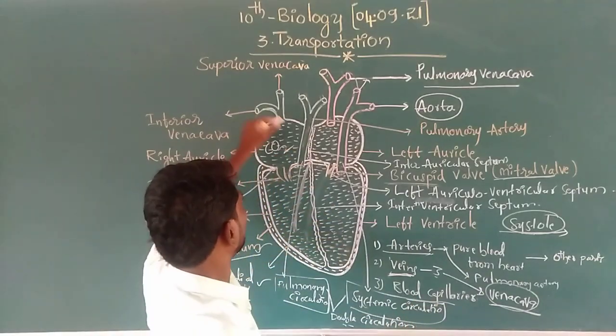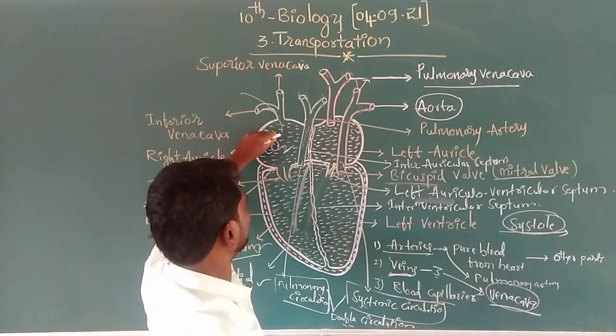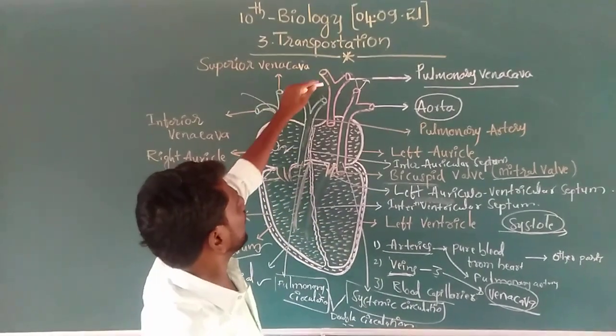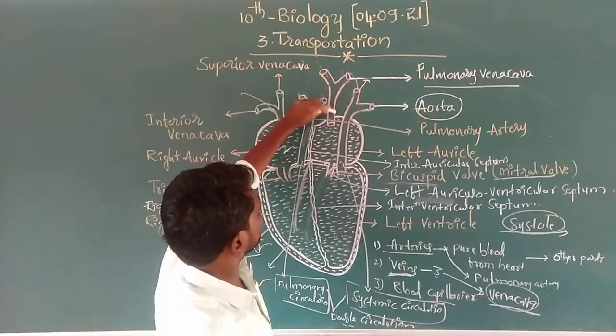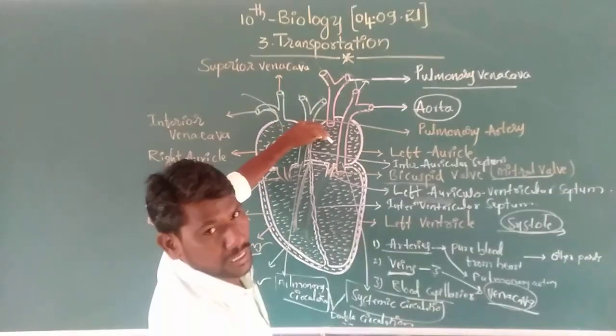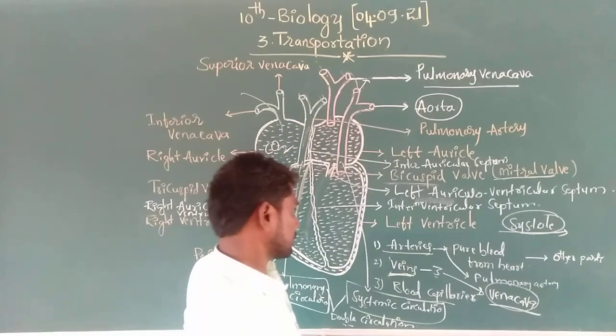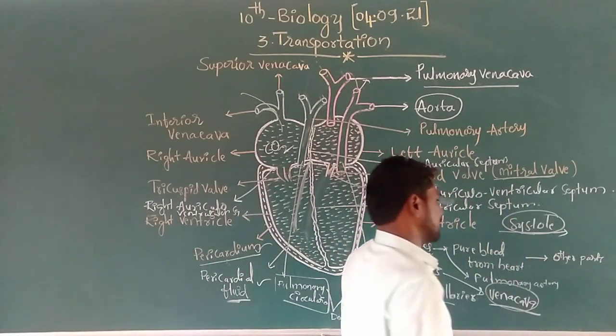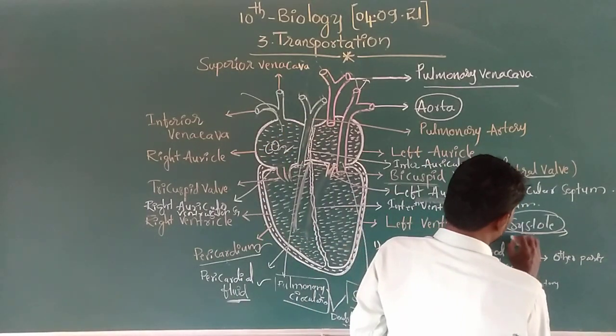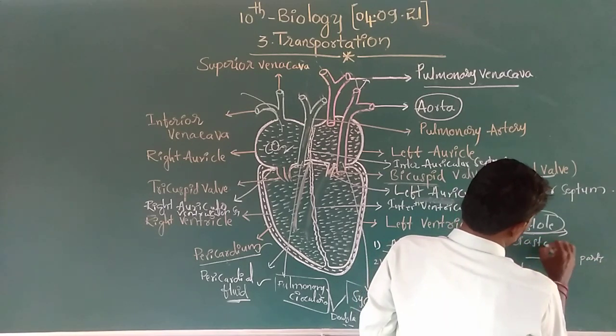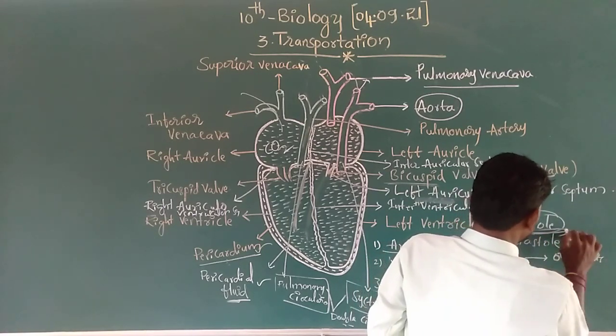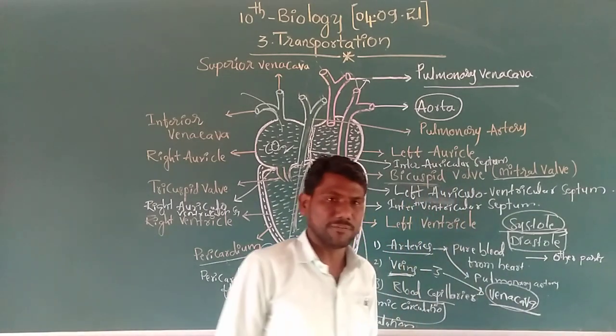In relaxation, the impure blood reaches the right auricle and the pure blood reaches the left auricle. The relaxation phase of the heart is called diastole. This is about the functioning of the heart.